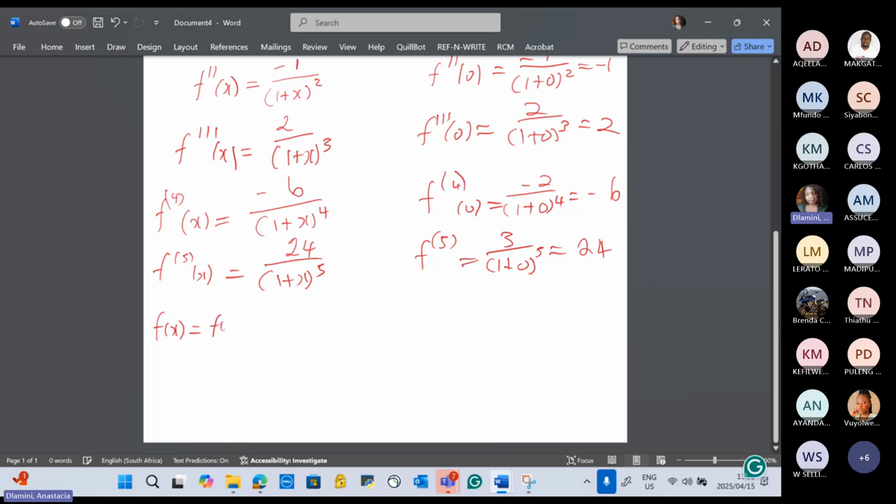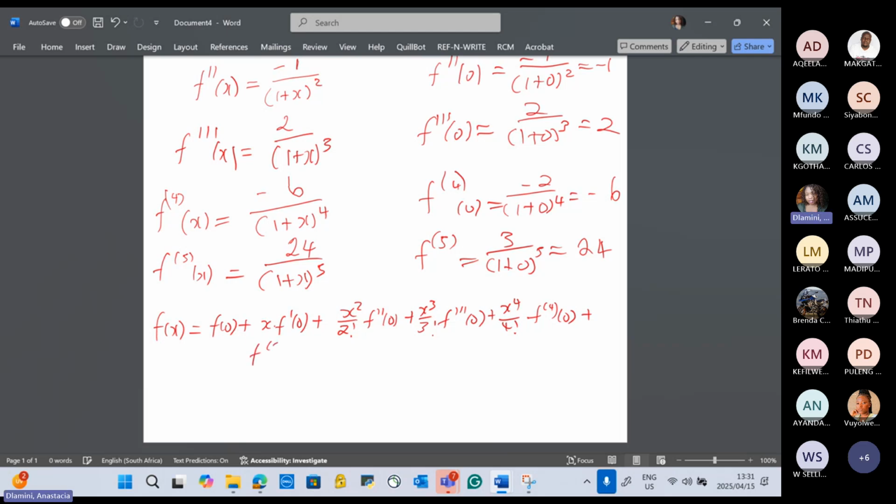The first one is f of 0, plus x times f prime of 0, plus x squared over 2 factorial times f double prime of 0, plus x to the power 3 over 3 factorial f triple prime of 0, plus x to the power 4 over 4 factorial times f to the power 4 of 0, plus f to the power 5 of 0 times x to the power 5 over 5 factorial, plus dot dot dot to show that it's continuous.